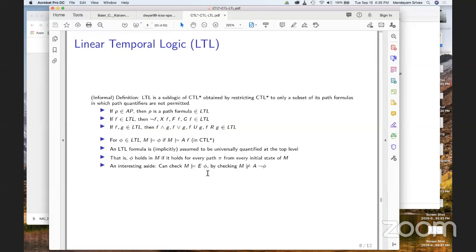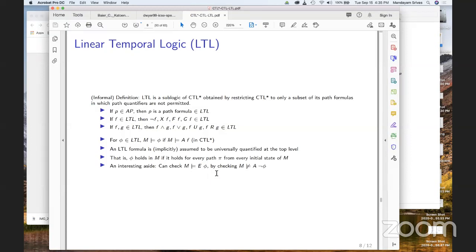And why is it interesting to do LTL? When I introduced model checking, we said we could view the behavior of a Kripke model as a set of paths originating from any one of the initial states, or we can have branching logic, which considers the tree structure.